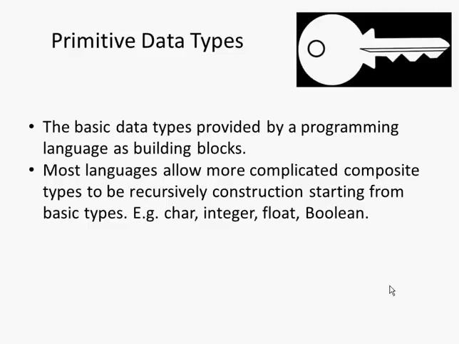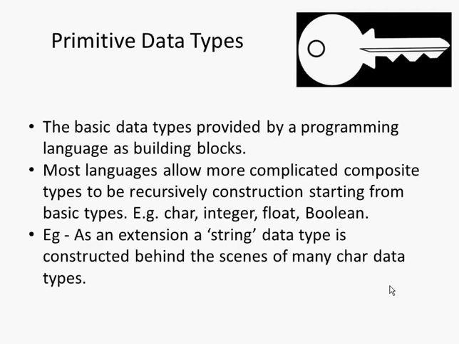Most languages allow more complicated composite types to be recursively constructed starting from basic types, e.g. char, integer, float, boolean. That's quite a grand sentence. What that basically means is that we have simple data types such as char or character that then behind the scenes allow us to create such data types as strings. And that's what that last sentence there says.